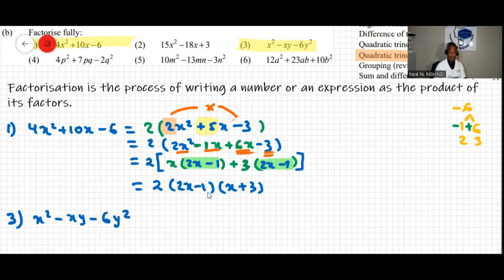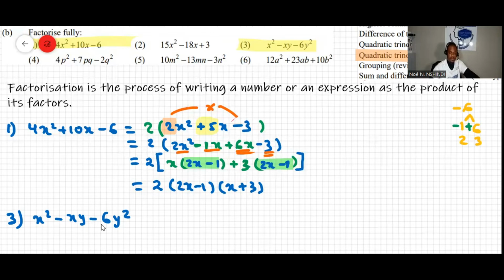Now, this involves two different variables, where one variable is squared at the beginning and the other is squared at the end of the expression. What can we do here? I look at the terms. There is no common factor for these three terms.